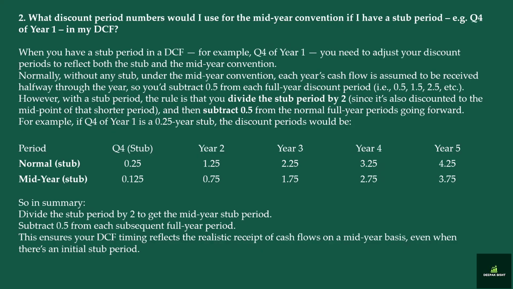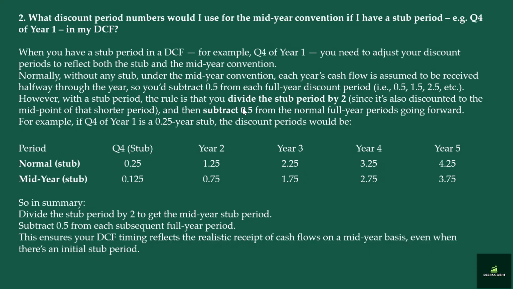For example, suppose quarter four of year one represents 0.25 of a stub period, the normal discount period would look like this: 0.25, 1.25, 2.25, 3.25, 4.25. Why am I using 1.25? Why 2.25? Why 3.25? And why 4.25? Let me just show you.